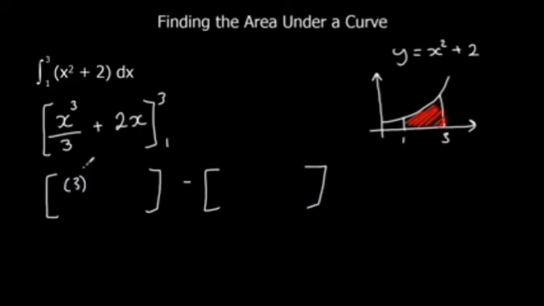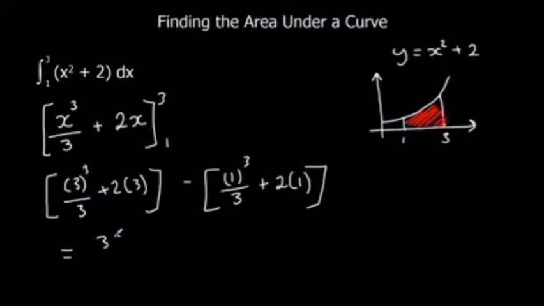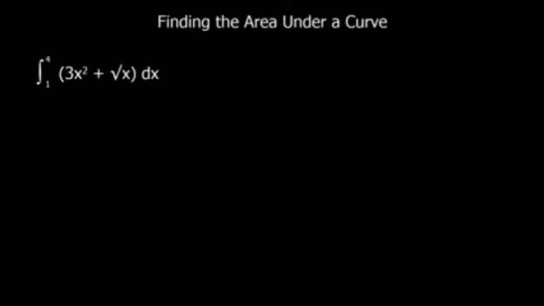Now if I put 3, that will be 3 raised to power 3 over 3 plus 2 times 3, minus 1 raised to power 3 all over 3 plus 2 times 1. So we have substituted 3 and 1. When we simplify, we add and subtract, and we are going to have our answer. I believe every one of us can solve this: 38 over 3 units squared. Because it is area, we have to put the right unit squared, or we say square unit.